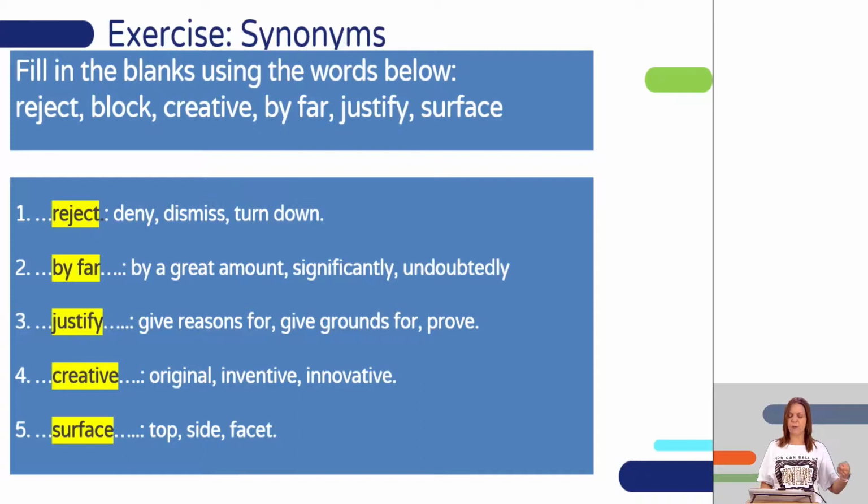We have give reason for, give grounds for, and prove. As we mentioned earlier, it is to justify. Original ideas, inventive ideas, innovative ideas: creative, original. And the last one, top, side, or the facet, we have surface.